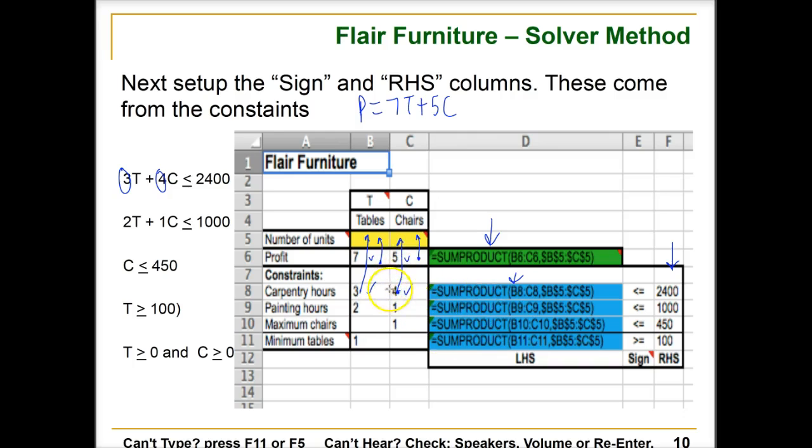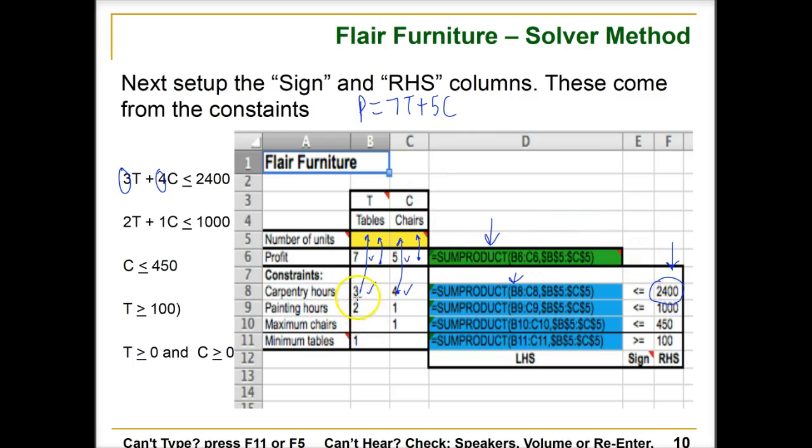We're just taking a total of all of that, and here we put the actual constraint on the right-hand side. So we call that a right-hand side constraint.